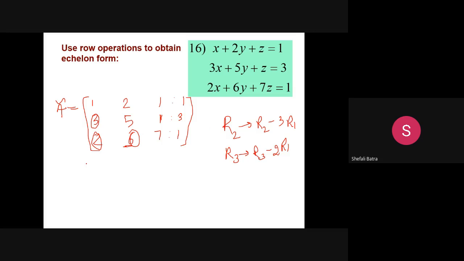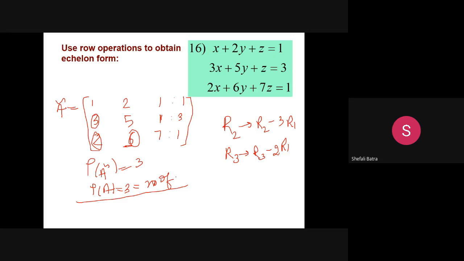After this stage, you will write rank of augmented matrix is equal to 3 and rank of coefficient matrix is equal to 3 and that is equal to number of variables, right? So this implies system has unique solution. Now how will you write the solution?